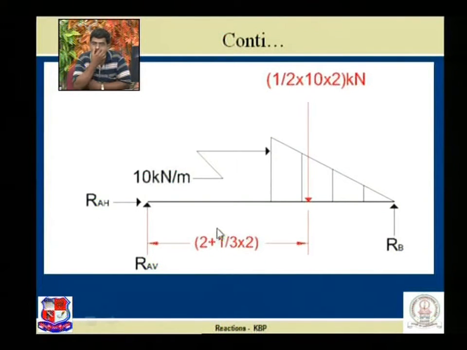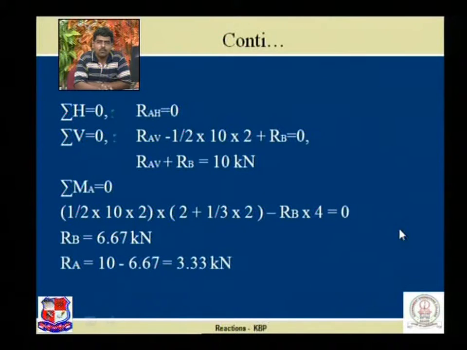Now using the equilibrium conditions, the first equilibrium condition, sigma H is equal to 0. Not a single horizontal load is acting on the whole system, so RAH comes to be 0. If we take sigma V is equal to 0, upward force RAV minus downward force half into 10 into 2 plus RB is equal to 0, and we are able to obtain one equation, RAV plus RB is equal to 10 kilonewton.